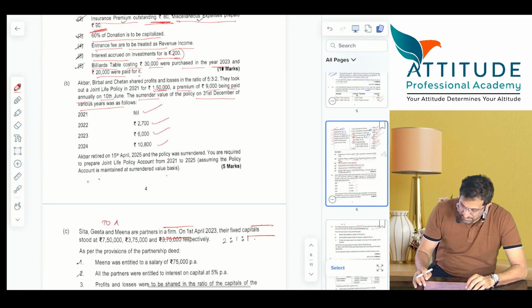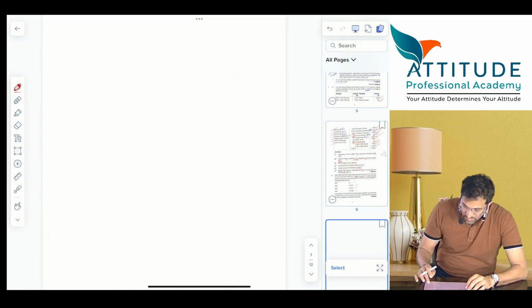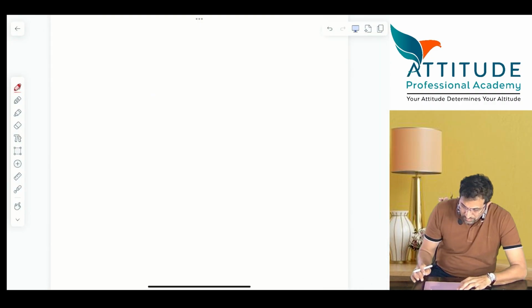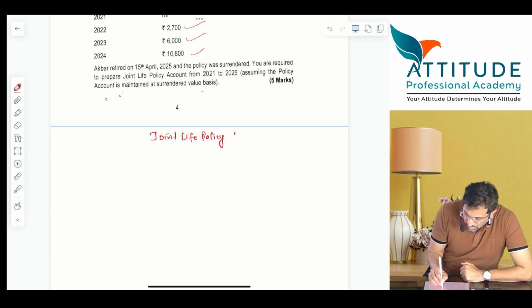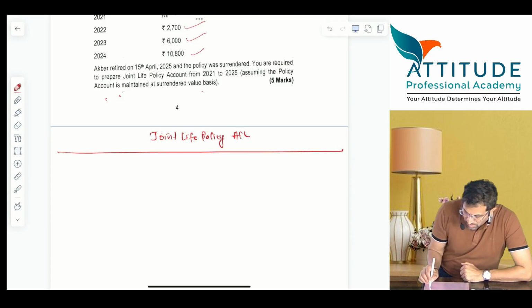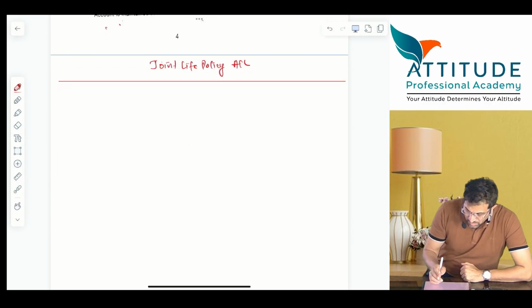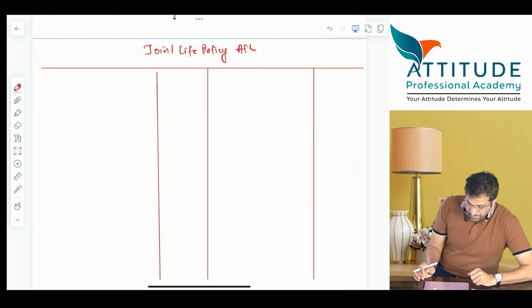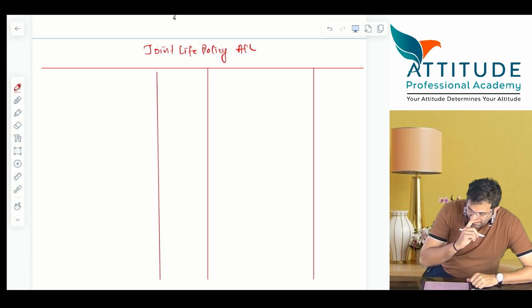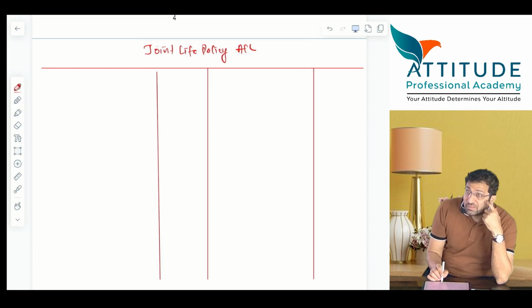Okay, I'll do this right there. JLP account. Joint life policy account. 9,000 is premium, no?